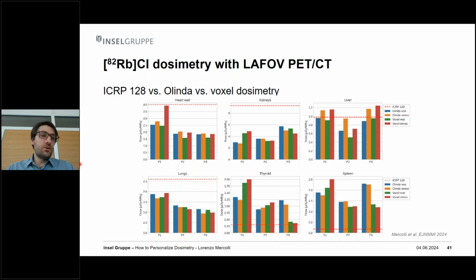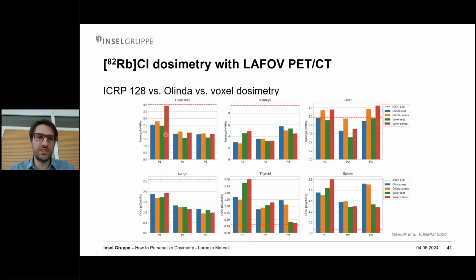And then we can again play the same game. We can compare the ICRP 128 dose with the dose from Olinda, so with the patient-specific source but standard human phantom S values, with the fully personalized voxel dosimetry. And we get again a rather consistent picture, especially if you compare the Olinda doses, which are usually the first two bars here, with the second two bars.